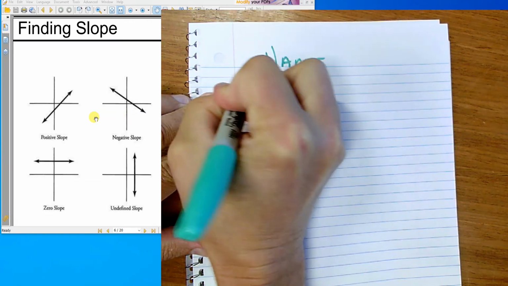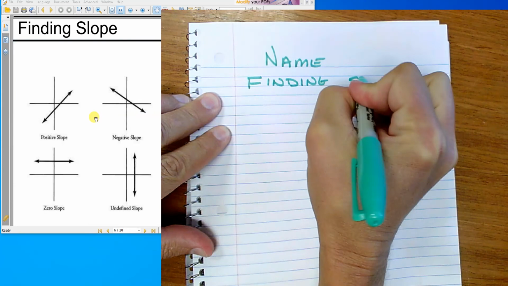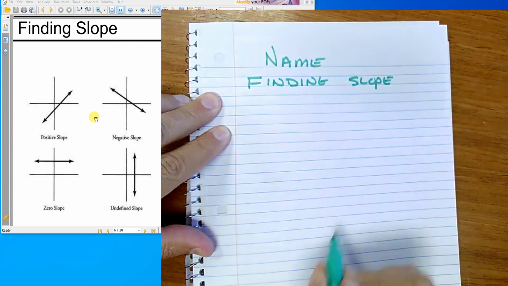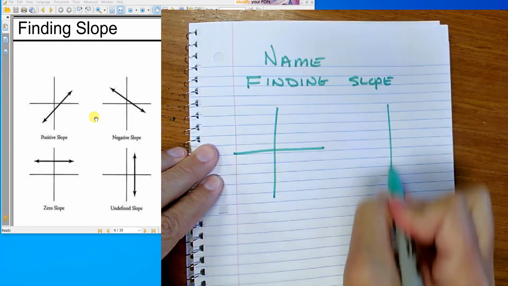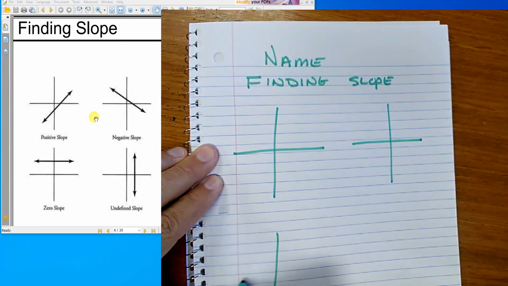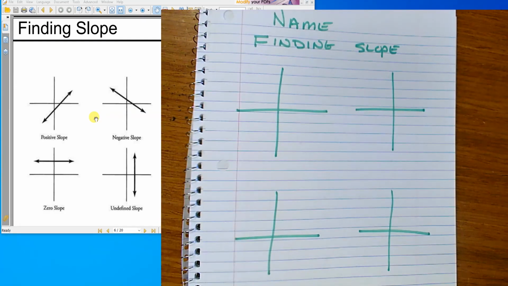And our title is Finding Slope. And quickly, we're going to need four little coordinate systems to identify the four types of slopes out there. These are not the measurements yet. These are just types of slope.